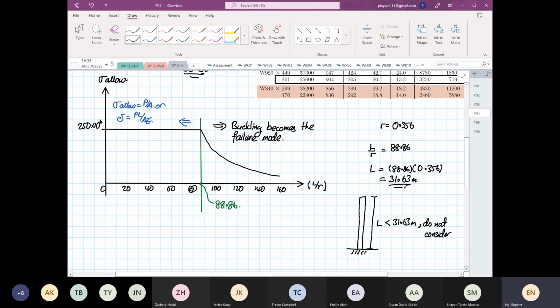Buckling analysis, not necessary. However, if your length is greater than 31.63 meters, you must consider buckling, or failure by buckling.